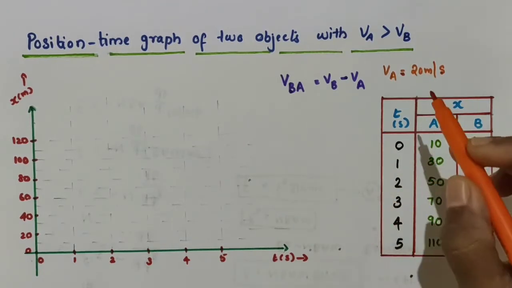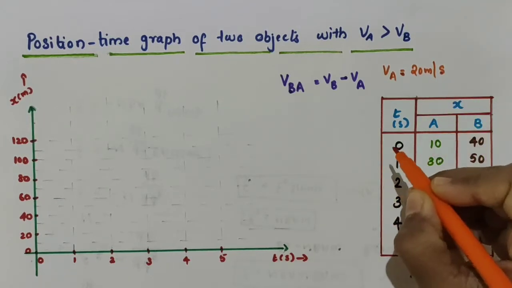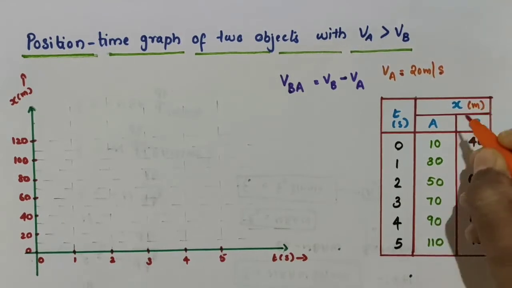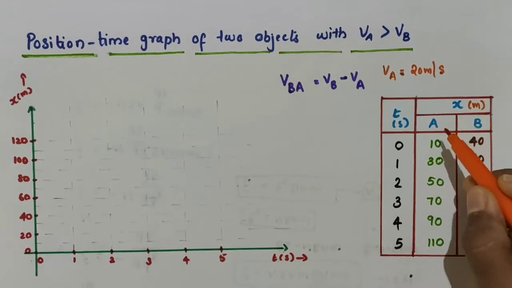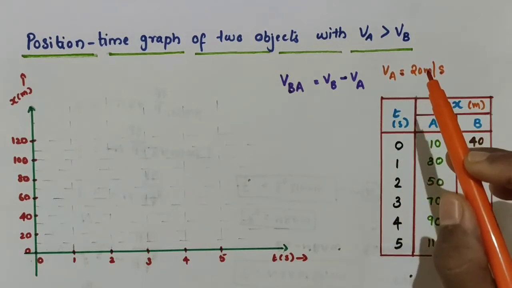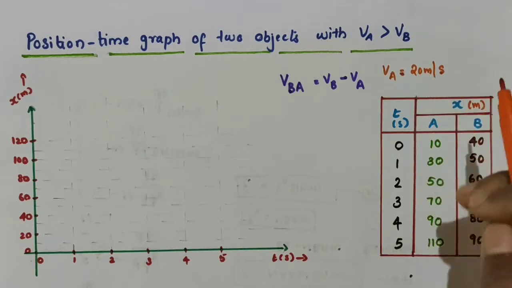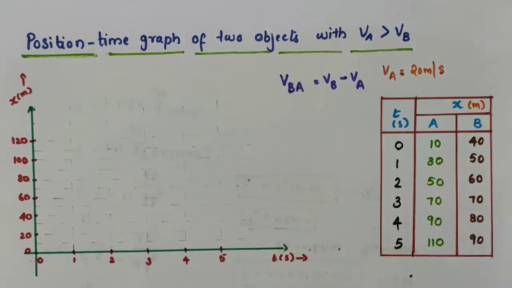And let the position of that object A at t equal to 0 be 10 meters. Here in this table we have the time in seconds and the position of the objects A and B from the origin in meters. So let the object A move with an average velocity of 20 meter per second and let that object be initially 10 meters away from the origin.